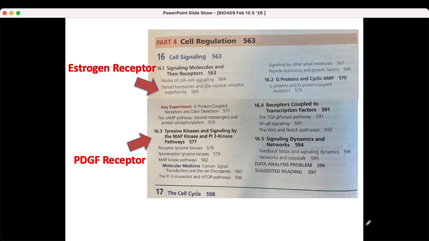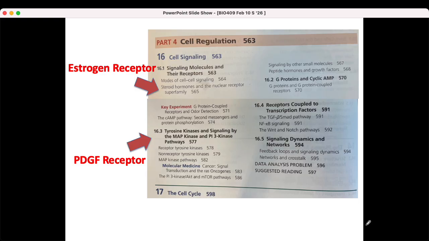PDGF receptor fits into, we'll write all this stuff down, but it fits into a group of receptors that are called receptor tyrosine kinases. And so we'll learn about that. And in our bodies, in humans, there are 58 of those.